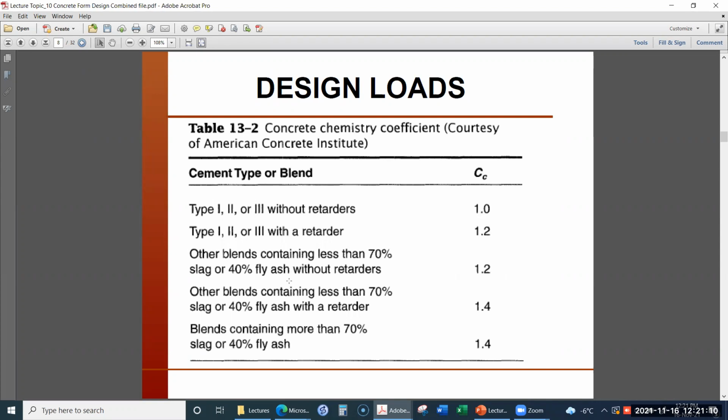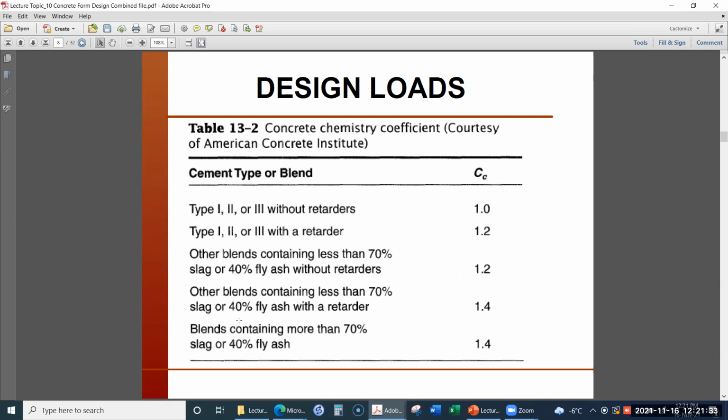Similarly, for other cases, when other admixtures in the form of slag or fly ash are used, the CC coefficient is more than 1. For example, if it is less than 70% slag or 40% fly ash without retarder, then it is 1.2.